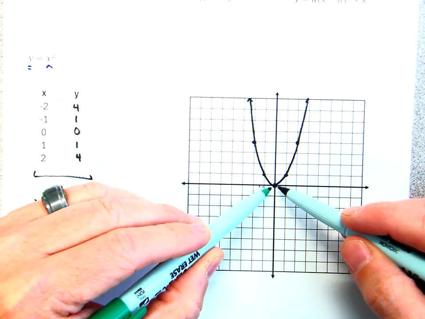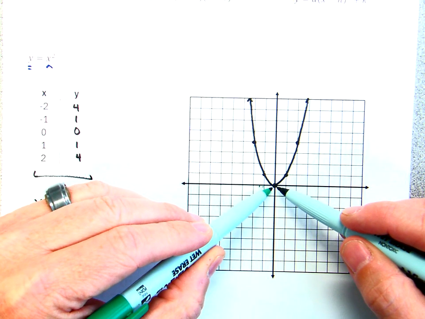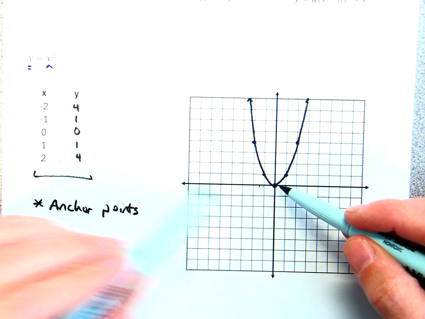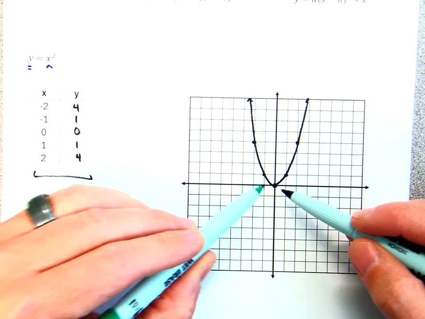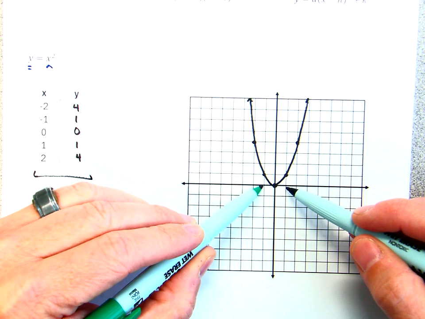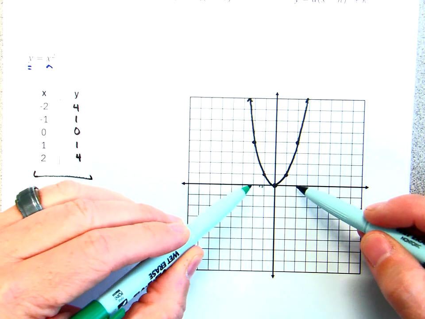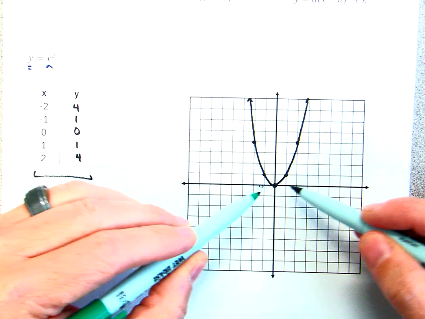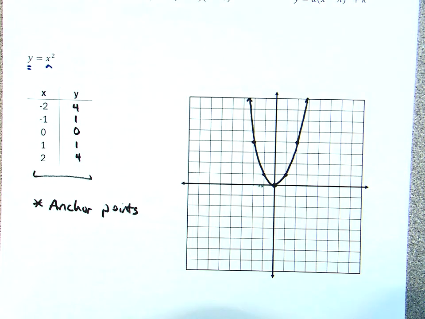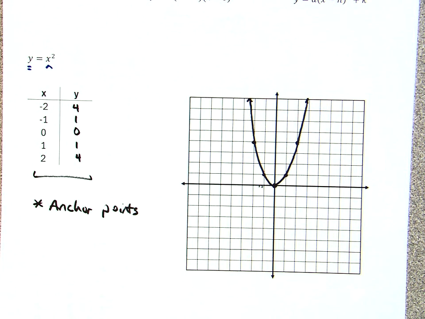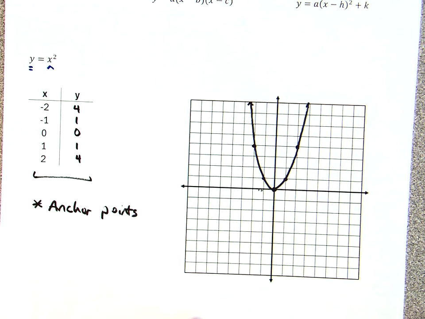So from the vertex, the anchor points are always going to be affected by how far away we move from the vertex. So 1 unit squared is 1, 2 units squared is 4, 3 units squared would be 9, and we can use these anchors to start moving away from these ordered pairs, right?